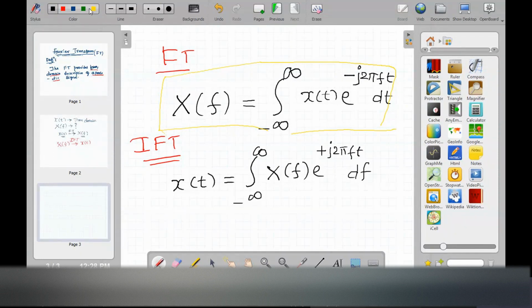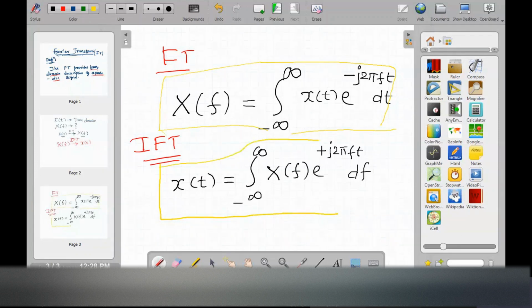Okay, so this equation helps you to calculate the inverse Fourier transform. I have given you the two equations. The first equation is used to calculate the Fourier transform, and the second equation is used to calculate the inverse Fourier transform.